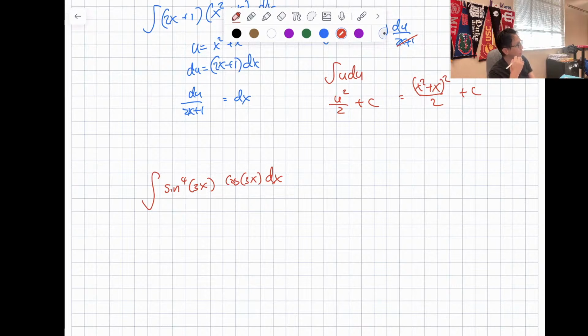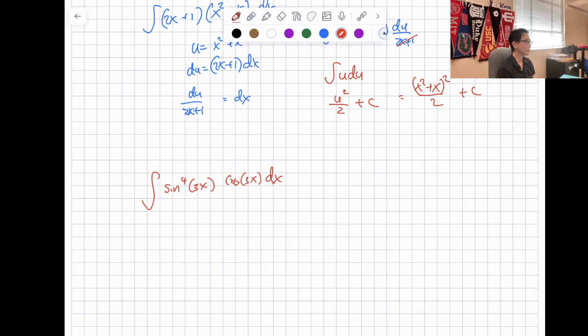You cannot take out 3x because that's an argument. But they both have 3x. It doesn't matter. You cannot take out the 3x argument. Could the argument still be u? Yeah, but it doesn't help you. You can say u equal to 3x, but it's still pretty ugly. Yeah, I agree.